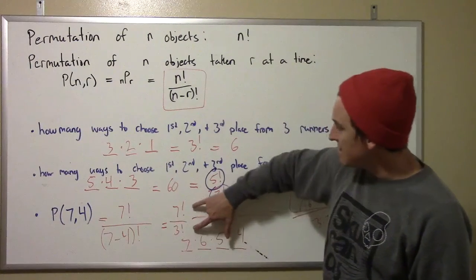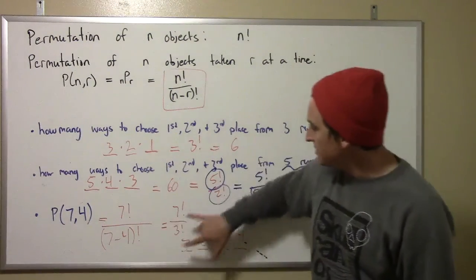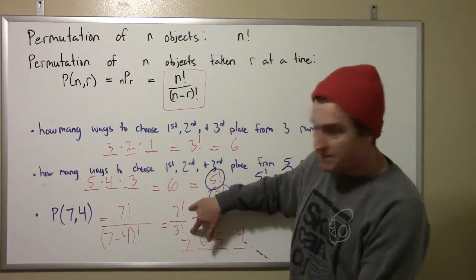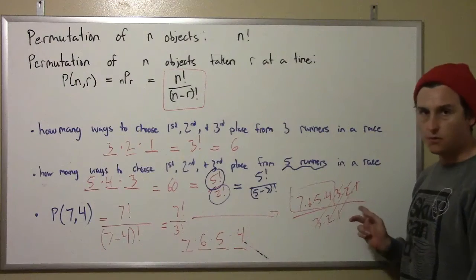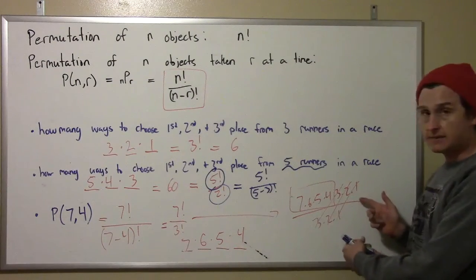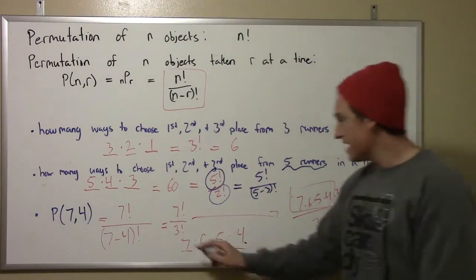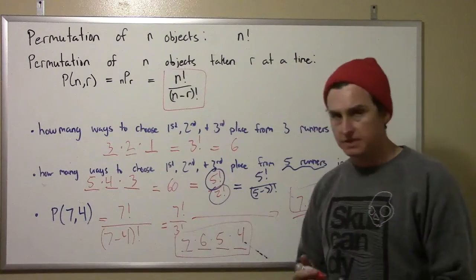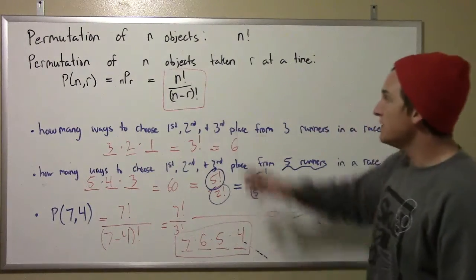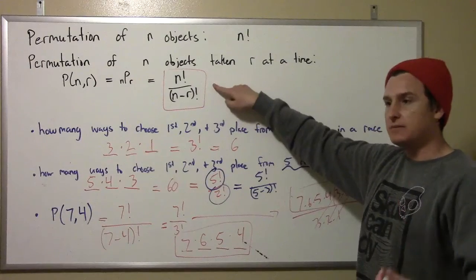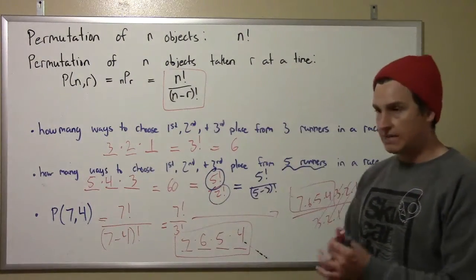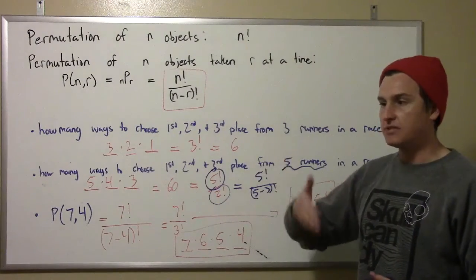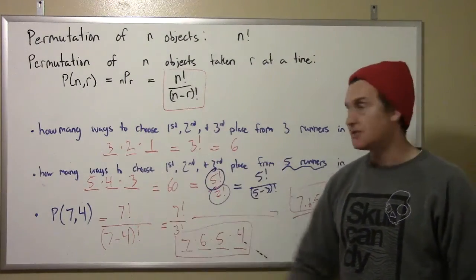Okay, well that gives us this when we do 7 minus 4. Okay, well what does that mean? Expand it out. Oh, that's 7 times 6 times 5 times 4 when you see all the things cancel. Right, exactly. That is exactly what the fundamental counting principle would give you. And so this is a way of representing the fundamental counting principle in this scenario when you're talking about arrangements and you're talking about having to choose or having less options as you choose.